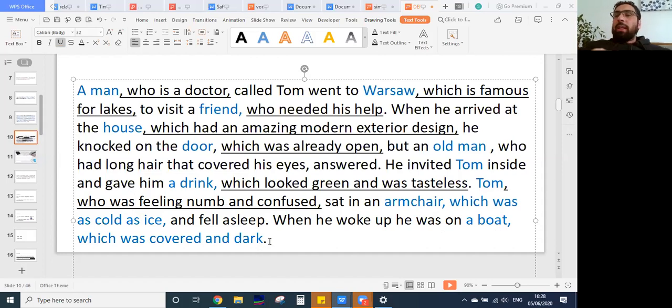Okay, one thing about non-defined relative clauses, we don't use them a lot in spoken English, but when we use them, we stop. So notice how I stop. A man who is a doctor called Tom went to Warsaw, which is famous for lakes, to visit a friend. Now, you might hear non-defined relative clauses in the news.